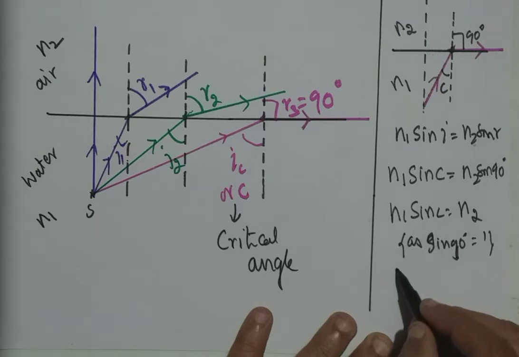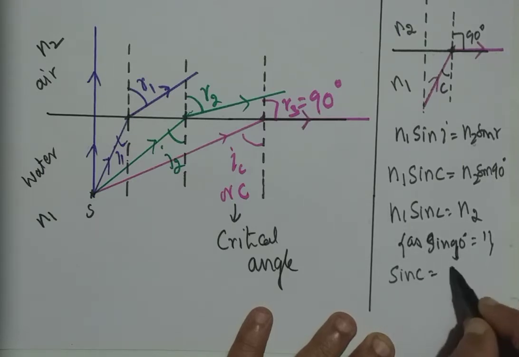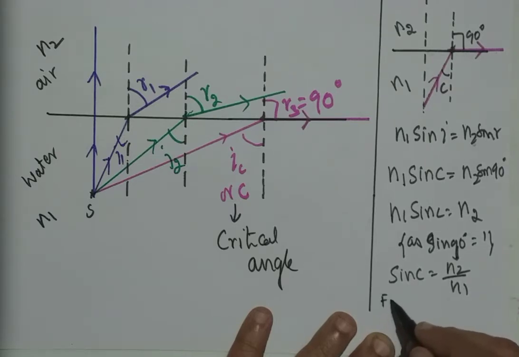Therefore, we can simply write sin C as N2 by N1.